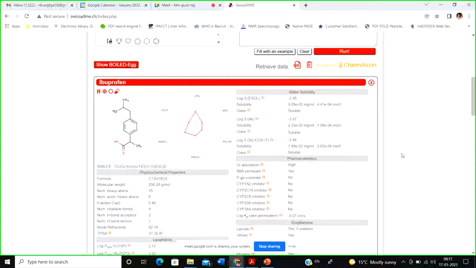Mol weight. Molecular weight. और hydrogen bond donor. Number of hydrogen bond donor acceptor. And C log P.